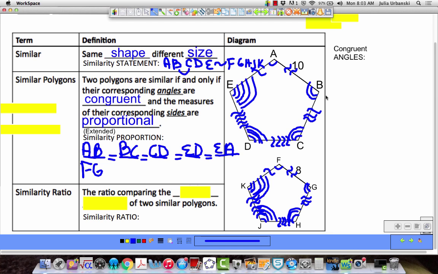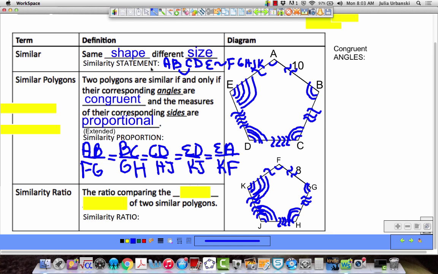But right now we have to find the matching sides. BC goes with which one? GH. And CD goes with? HJ. Or JH, it doesn't matter. ED goes with? JK. And EA goes with KF.